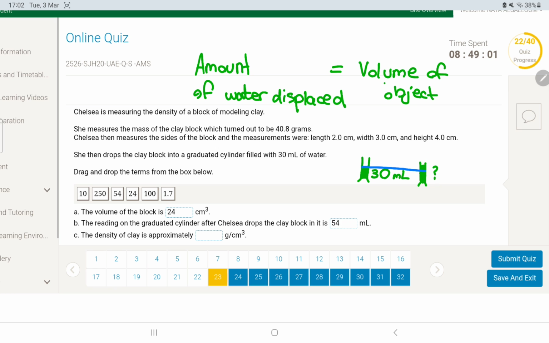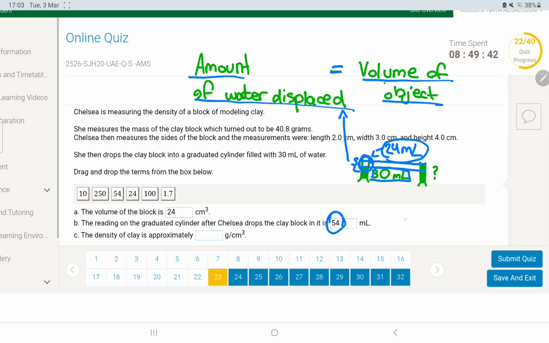How much the water went up is the amount of water displaced, right? Didn't we say that it's equal to the volume of the object? We did. So this little thing right here should be 24 milliliters. So add the 30 original milliliters plus the extra that rose. What do you get? 54 milliliters.